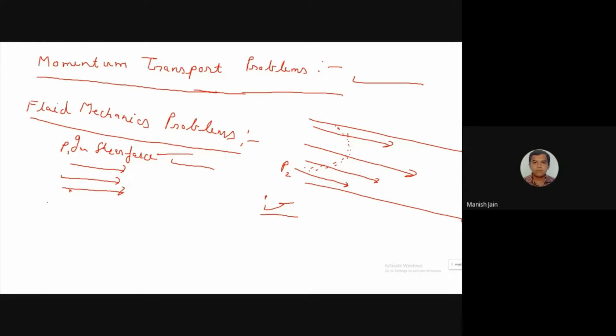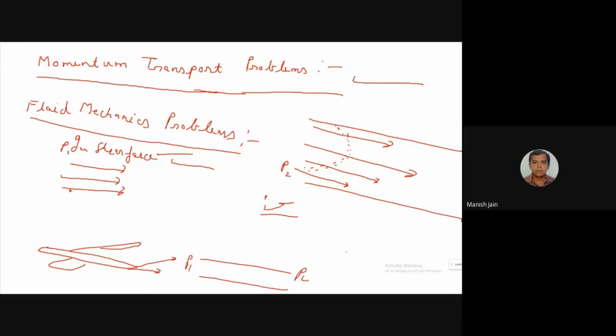Suppose you want to calculate what drag force will be applied on the aeroplane, or what should be the velocity of the aeroplane for the takeoff, or you want to calculate the velocity of the fluid inside a pipeline when the pressure drop is given, P1 and P2.